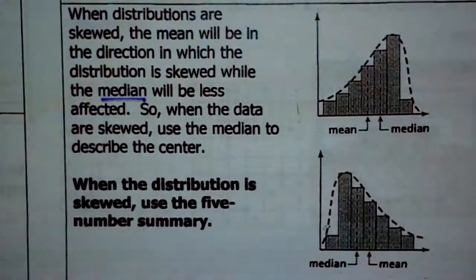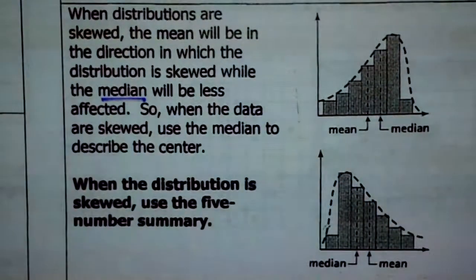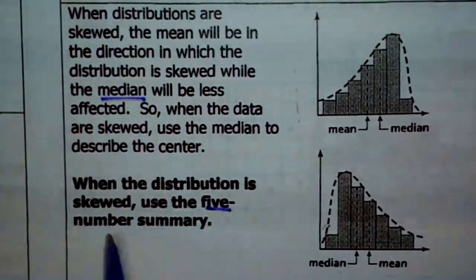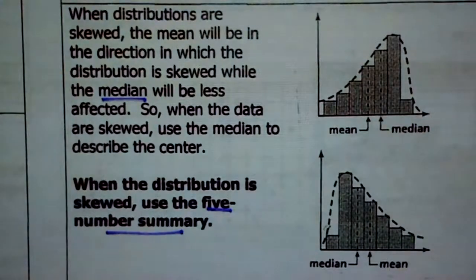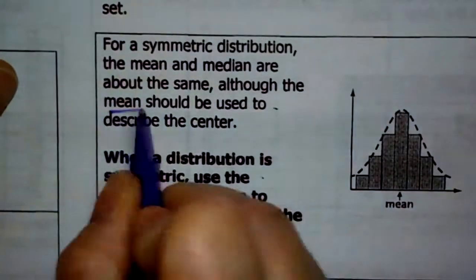So that 25% in each whisker, the 50% in the middle, you can kind of look at it like this as well. So you'd want the 5-number summary to give you the distribution instead of just having the standard deviation. That's going to give you a more accurate picture of it. So skewed data means median and 5-number summary. Symmetric data means mean and standard deviation.